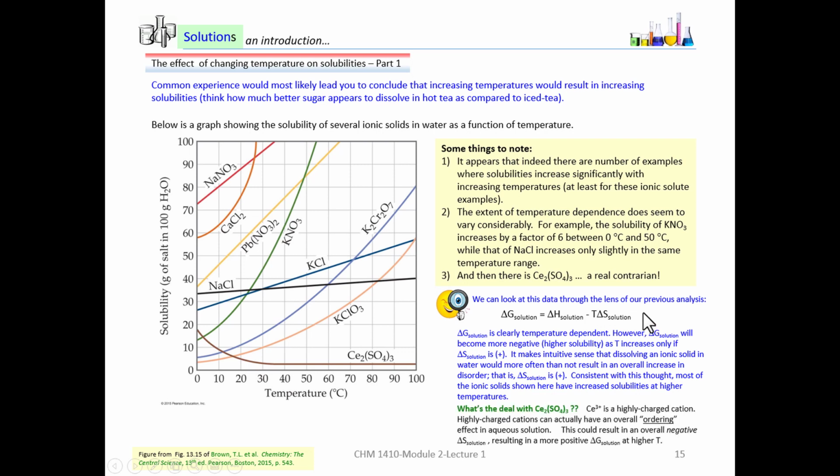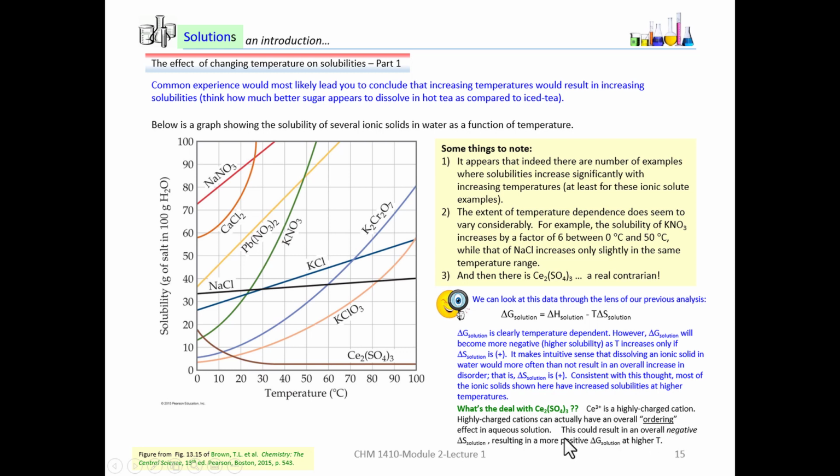So what's the deal with cerium sulfate? Well, cerium 3+ is a very highly charged cation. And highly charged cations can actually have an overall ordering effect in aqueous solution. And of course, this is not the only ion going into solution here. We also have sulfate. But when the ions have very high charges, it's possible that the overall delta S of solution is actually negative.